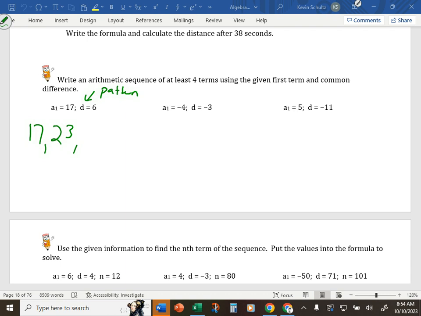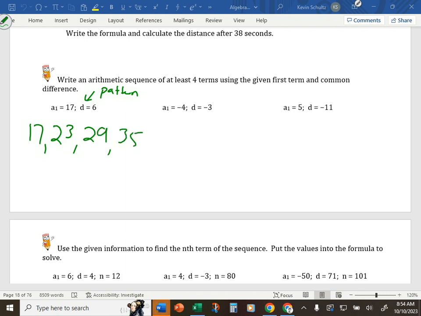In our example way at the top, the common difference was 32 because you're adding 32 each time to get from term to term. If here the pattern is positive 6, that means you're adding 6 each time to get from term to term. So 17 plus 6 is 23. 23 plus 6 is 29. 29 plus 6 is 35.